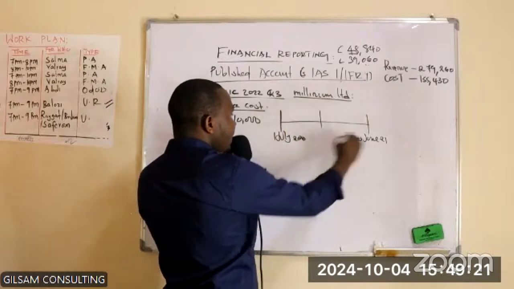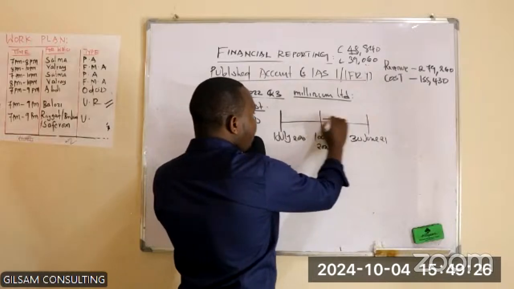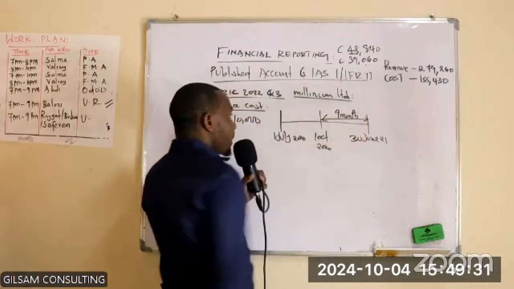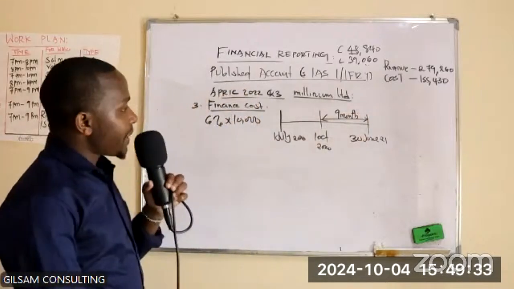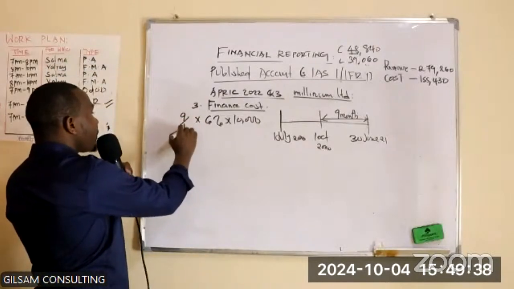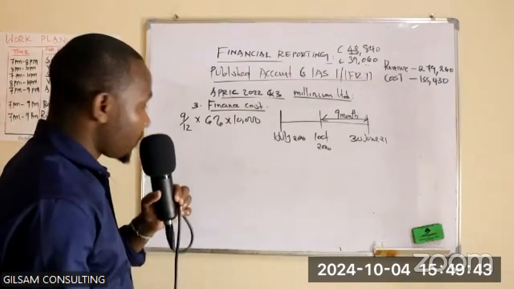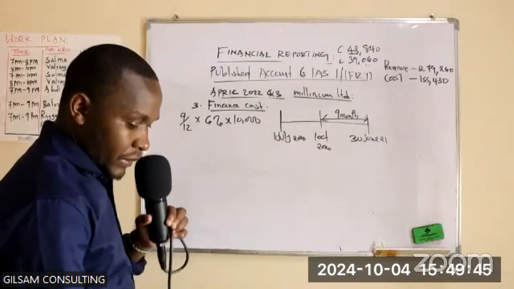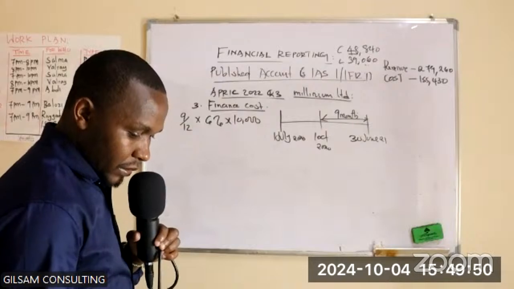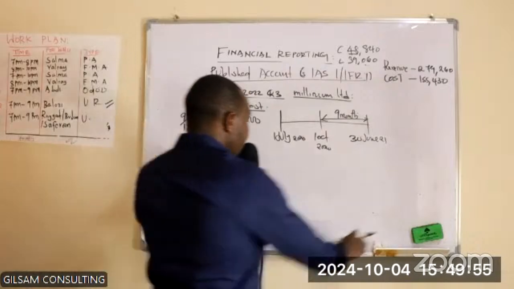And now we are getting a debenture on 1st October 2020. So how many months are remaining here? That is 9 months. So I will multiply by 9 over 12. So let's get the value: 6% of 10,000 times 9 divided by 12. I'm getting 450.